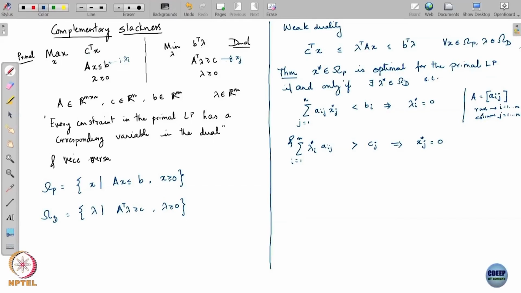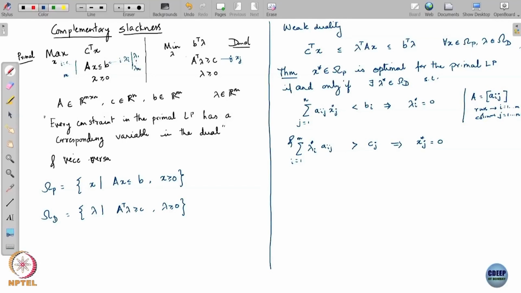So, from i equal to 1 all the way to m, there are m of these constraints, and for each of these constraints you have a dual variable, which is lambda 1 till lambda m.